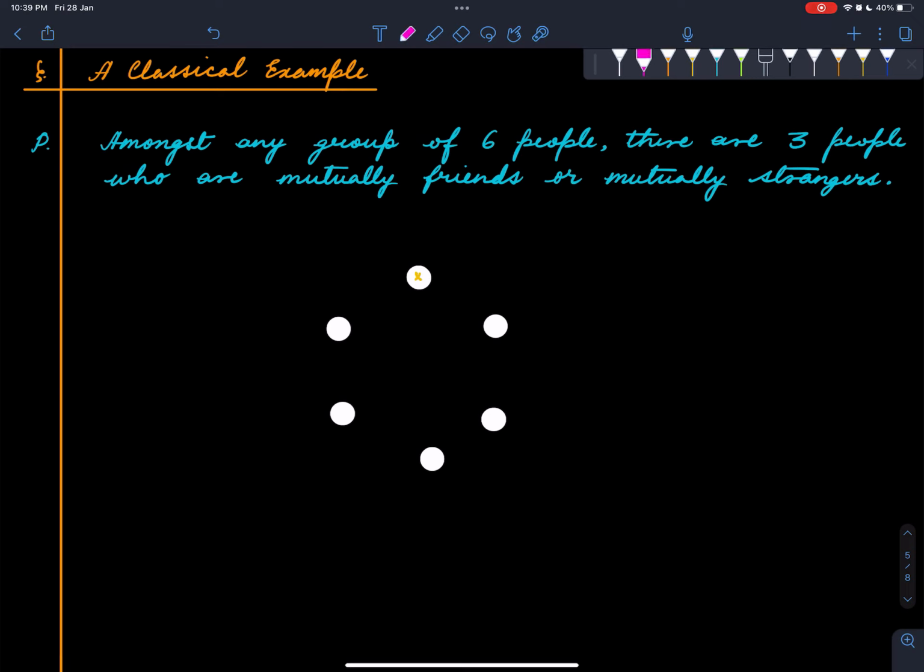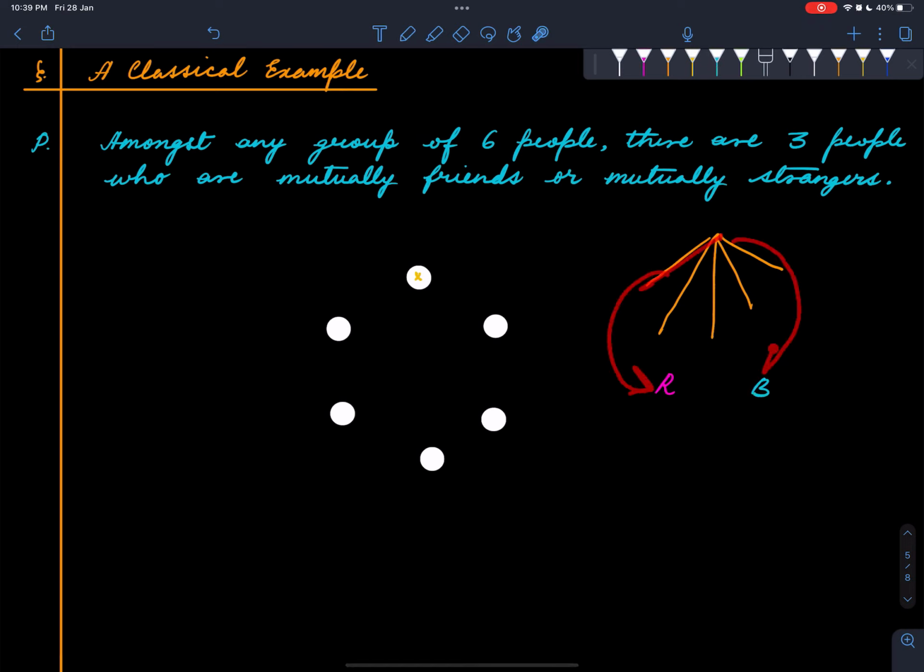Think of it as 5 pigeons, 1, 2, 3, 4, 5. And the colors are cages. So you have a red cage and a blue cage. And each edge is sent to one of the cages. So there must be a color where you are sending at least 3 edges. So there are 3 edges which get the same color.